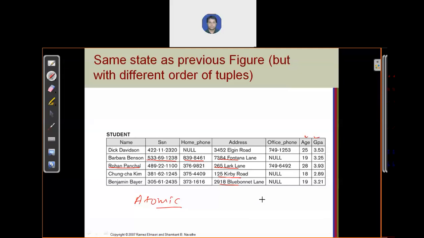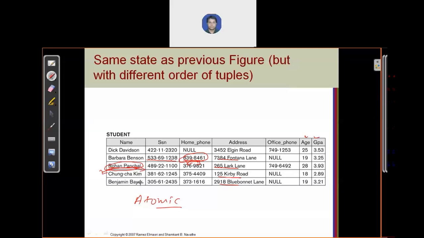Like here, this is your phone number. You cannot write a phone number which can be further subdivided. It must be a single phone number and a single SSN. If you're writing your name, Rohan Pansal is one unit. You cannot say Rohan is one unit and Pansal is another unit.